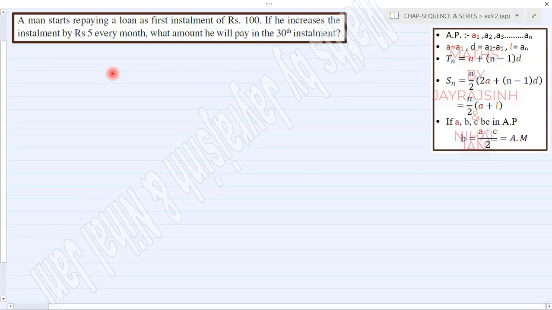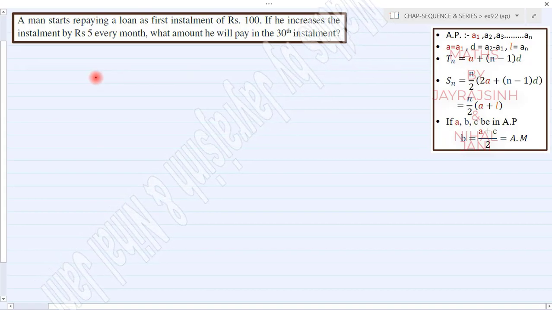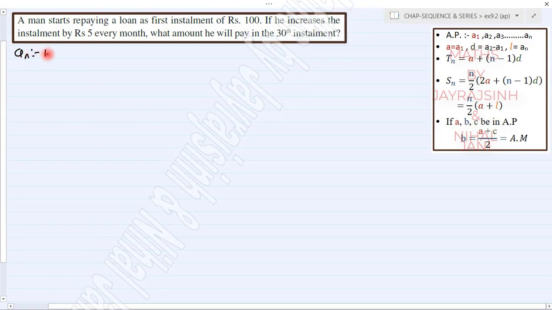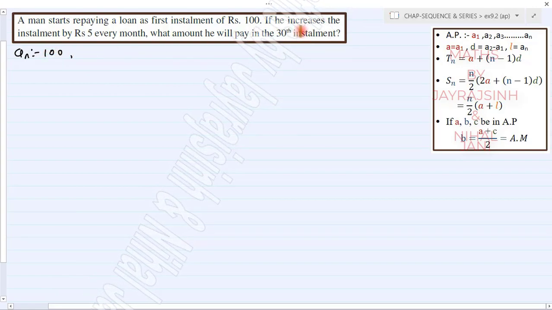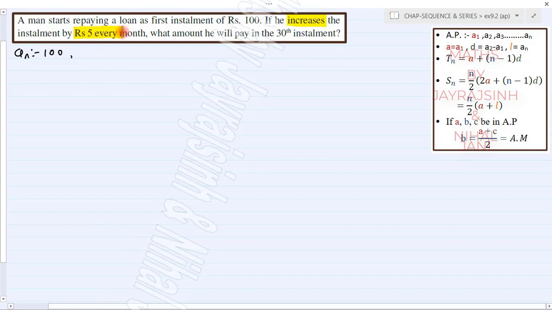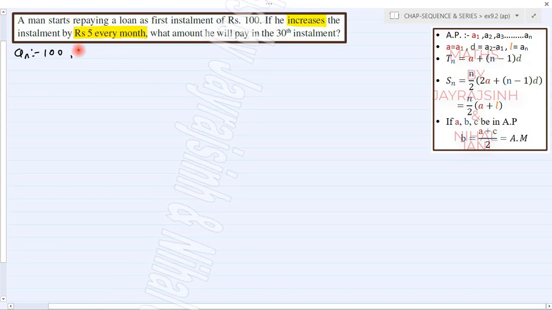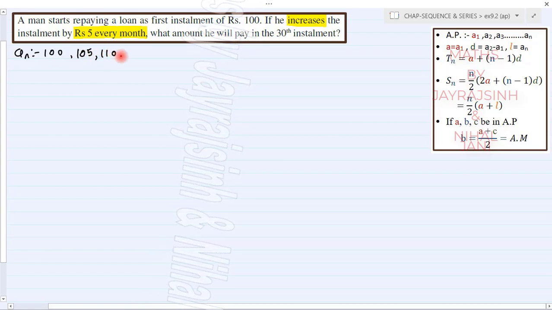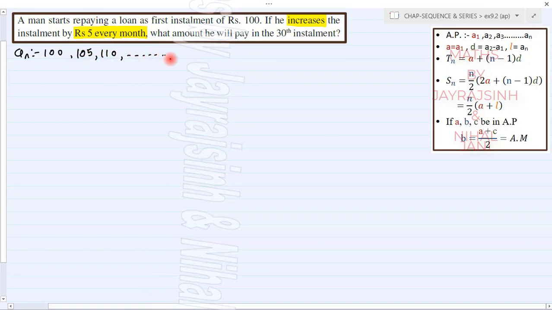Here we have one problem sum. A man starts repaying a loan with a first installment of 100 rupees. Then, if he increases the installment by 5 rupees every month, the next installments will be 105, 110, and so on.